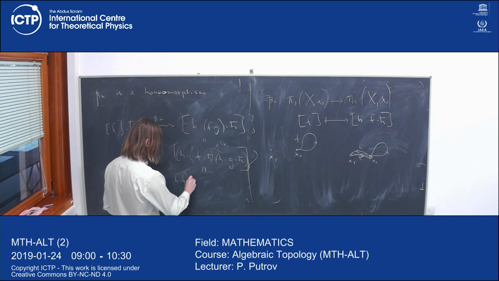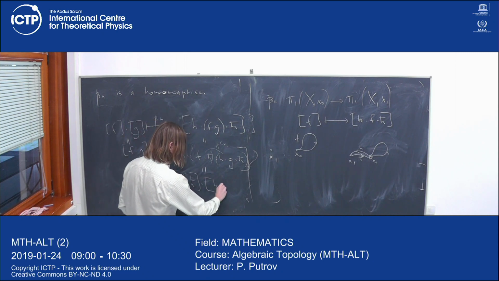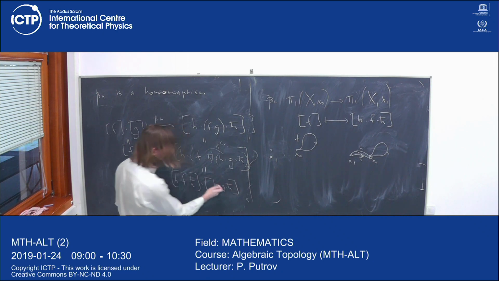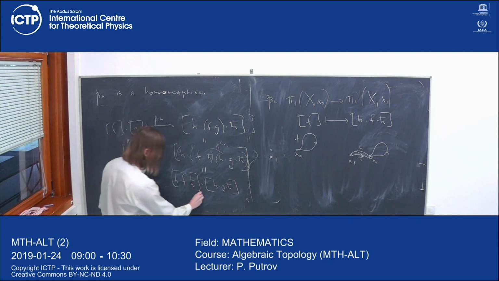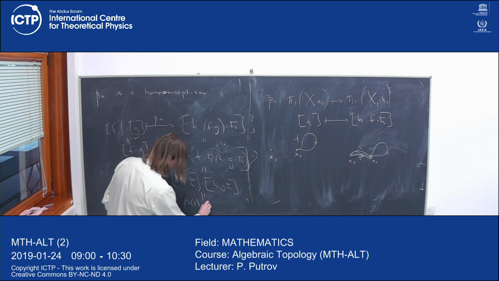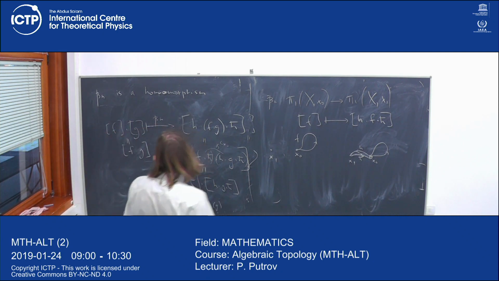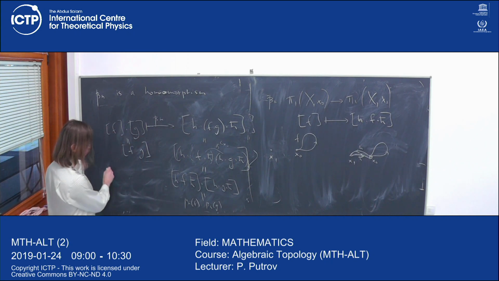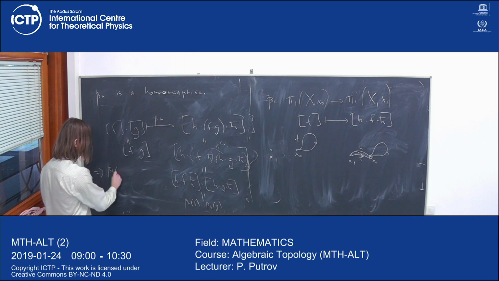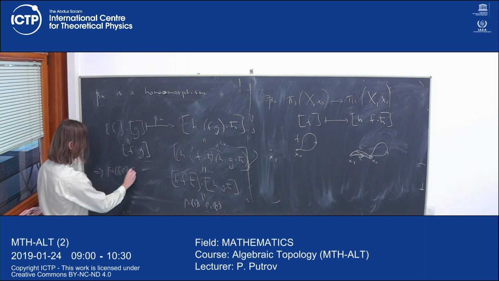I end up with the multiplication of homotopy classes represented by those two, and this is by definition the product of the image of f under BH and the image of g under BH. So this proves the following: BH of a product of two elements of the group is the same as the product of the images.